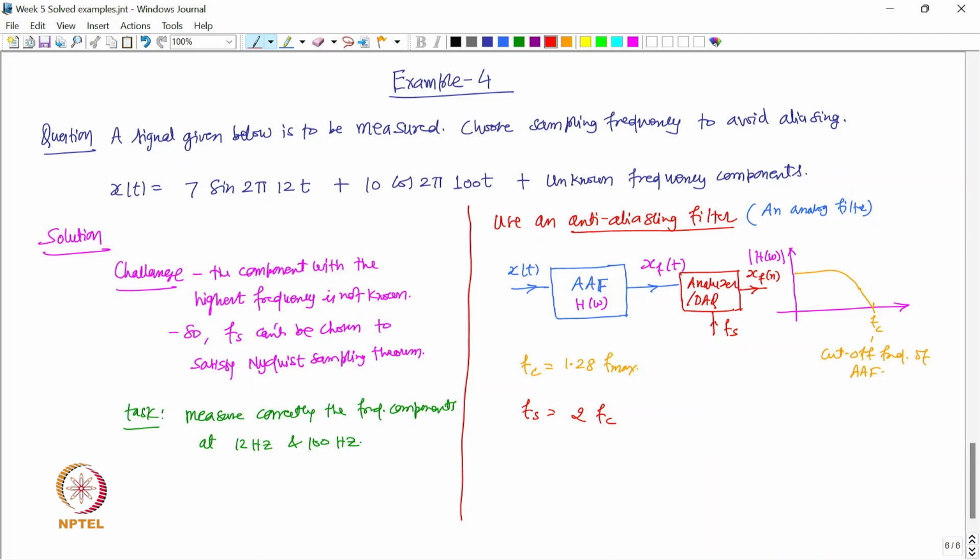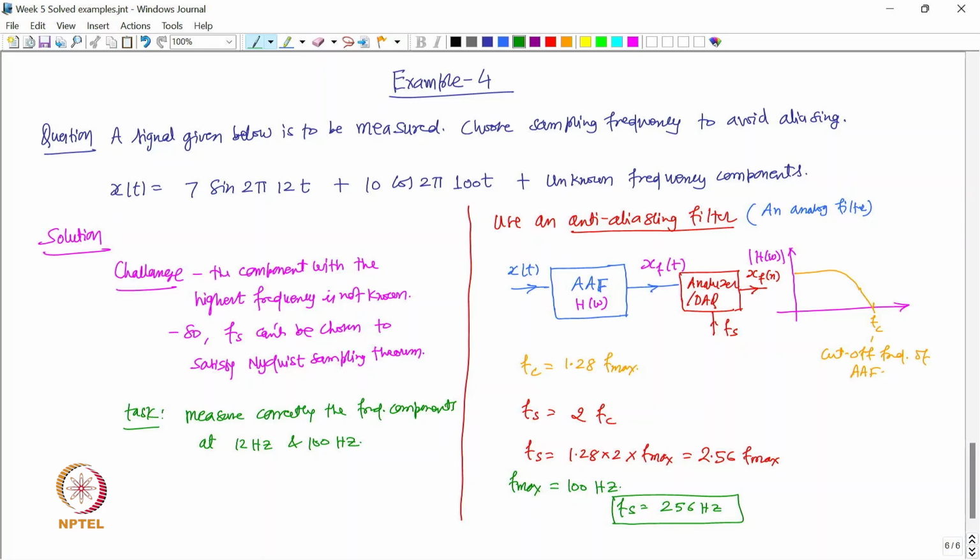Essentially we get 1.28 times 2 times f max, which is 2.56 times f max. In our case, f max is 100 hertz, because we want to analyze those two components up to 100 hertz. So, the sampling frequency will be 256 hertz.